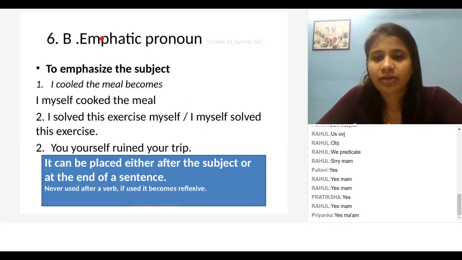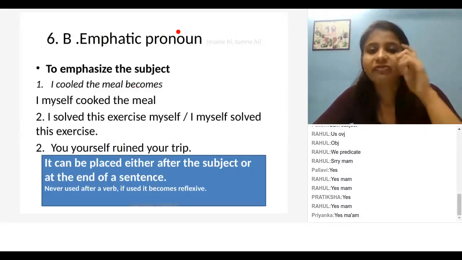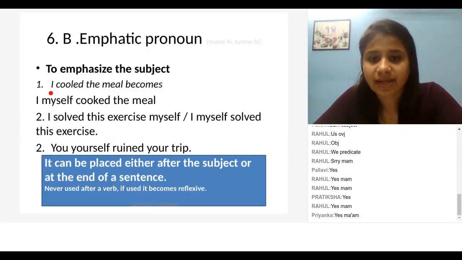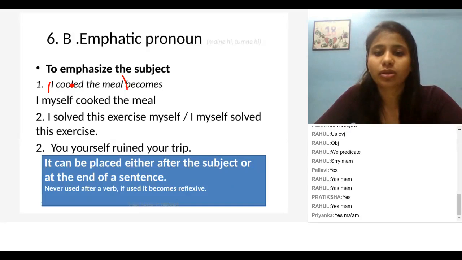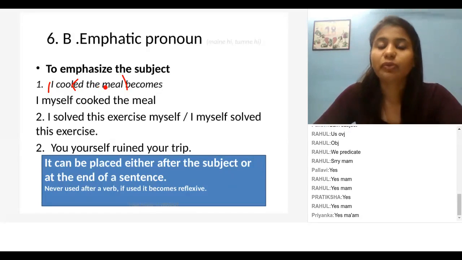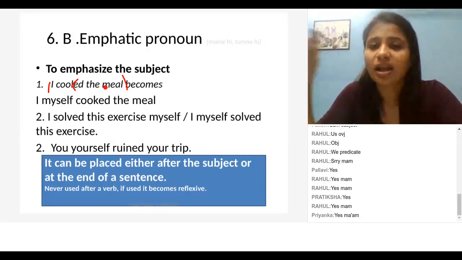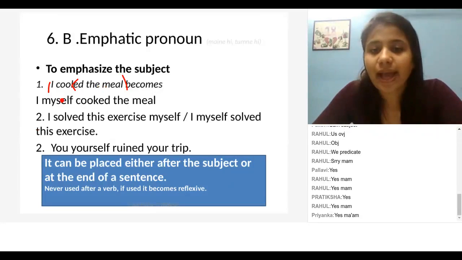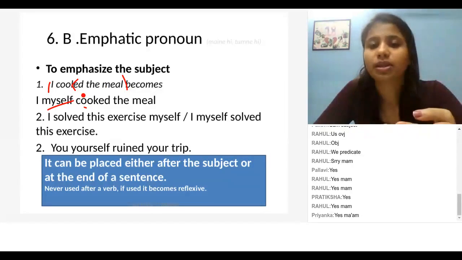Now, what are emphatic pronouns? Now, whenever you want to emphasize, suppose you want to say a sentence, I cooked the meal. Okay, I cooked the meal. And suppose you want to emphasize the fact that you have cooked the meal. If you want to say that no, I cooked the meal myself, then you say I myself cooked the meal. Okay, because you want to emphasize the fact that you have cooked the meal.